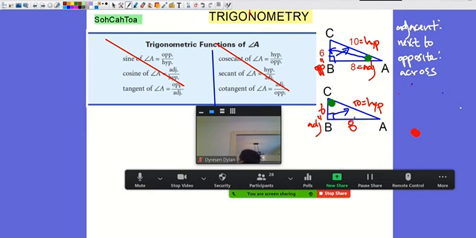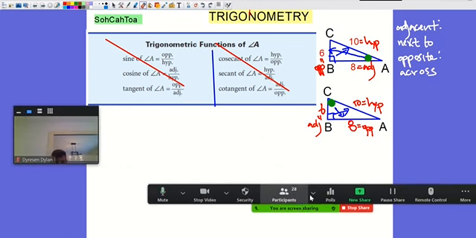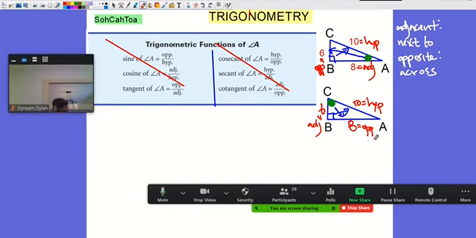And 8 is across. Opposite means across. 8 is across from the green dot, which means opposite. Believe it or not, once you know that, once you set this up, everything else is super easy.